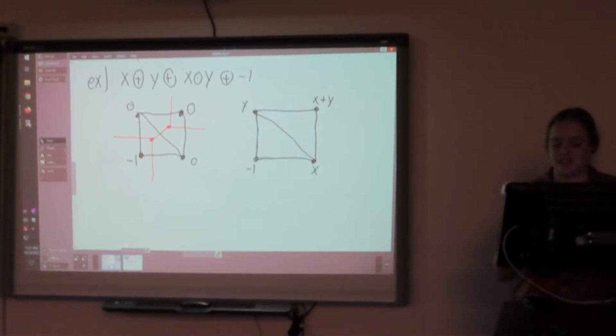So if we first look at this triangle, you see that green, the bottom triangle? That is connecting 3 vertices. It's connecting -1, x, and y. So that part of the graph occurs when -1 equals x, which equals y, which happens at the point -1, -1.